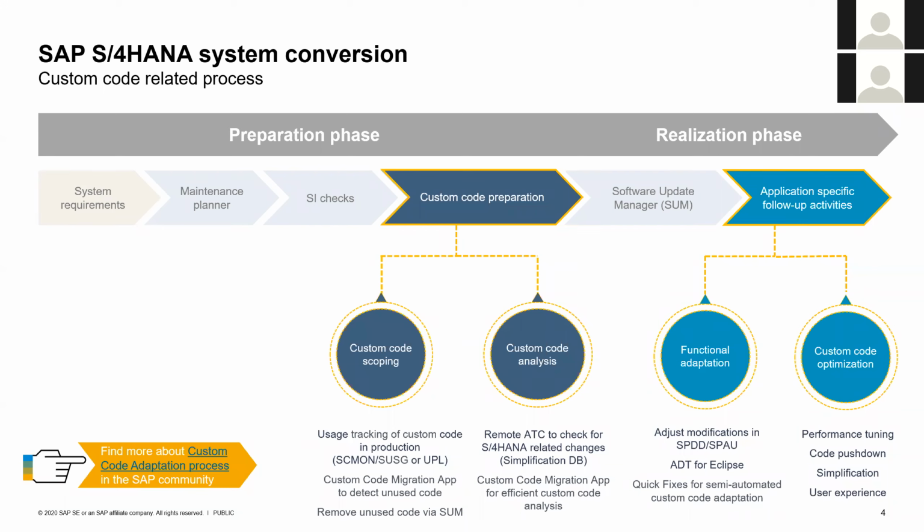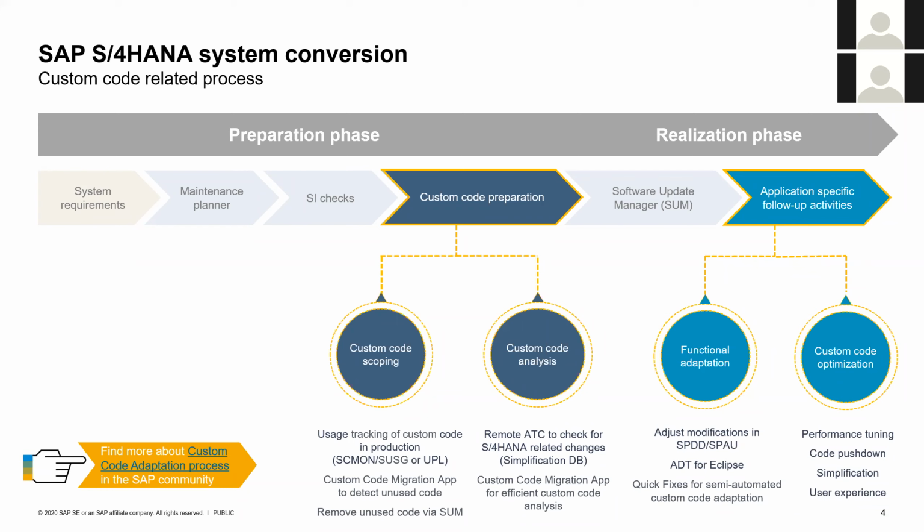And after you are done with this, at some point in time, you will go on with the realization phase, meaning that the software update manager will install the new S/4HANA software on your system after the conversion, and you will be able to do the functional adaptation.